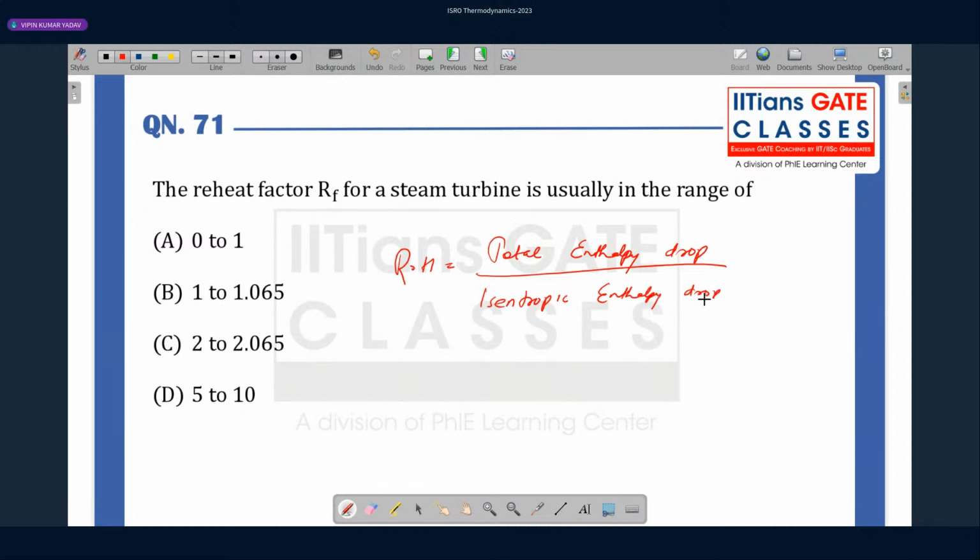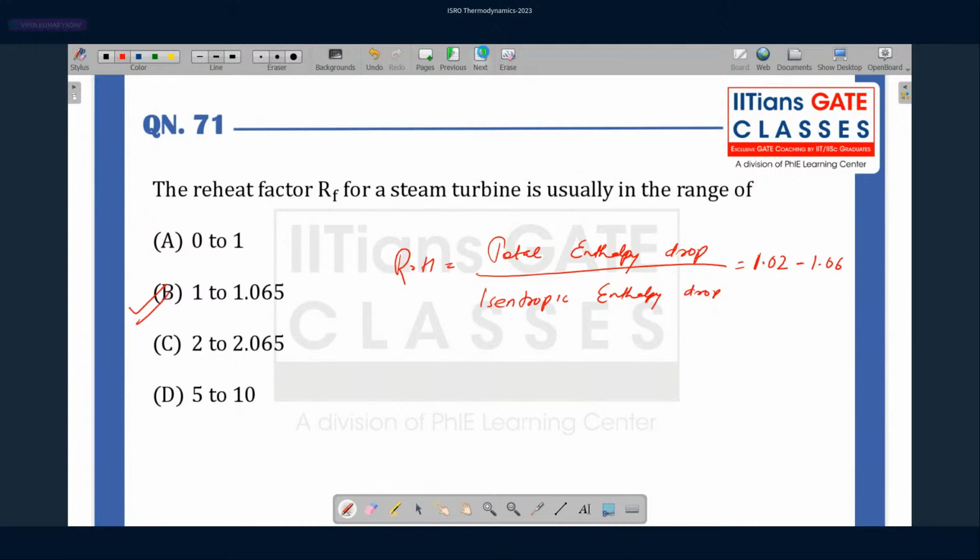The total actual enthalpy drop will always be more, therefore this is greater than 1 and ranges from 1.02 to around 1.06. The closest answer is B. This is your correct answer. I hope you are able to get insights into what kind of questions ISRO asks.